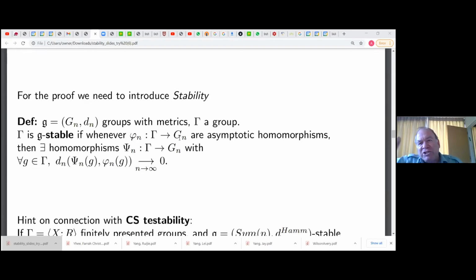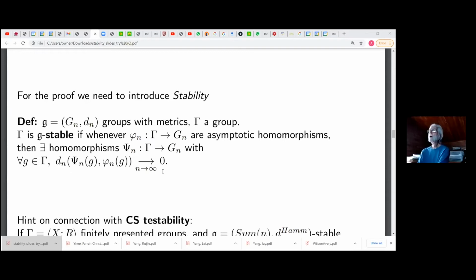So we say that gamma is stable with respect to the family G if every such family is really just a small perturbation of honest homomorphisms. Namely, there exist honest homomorphisms from gamma to Gn such that for every g in gamma, the distance between the true homomorphism and our almost homomorphism goes to 0, which means that it's not really a new asymptotic homomorphism. They are really homomorphisms.